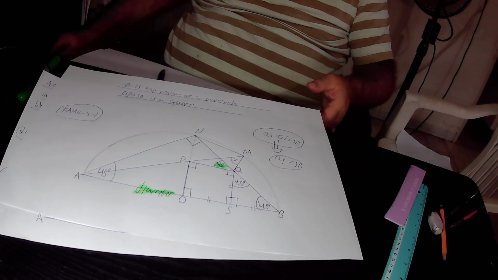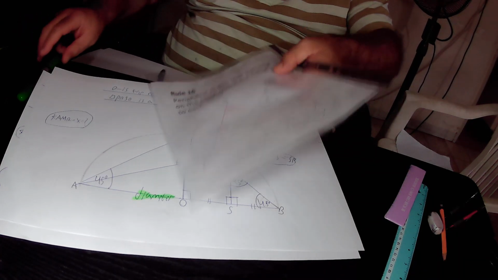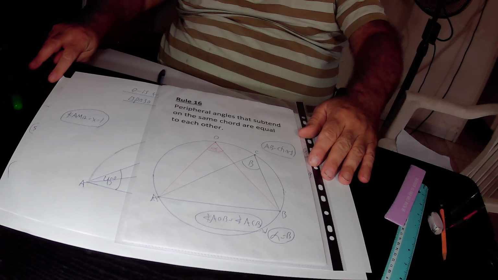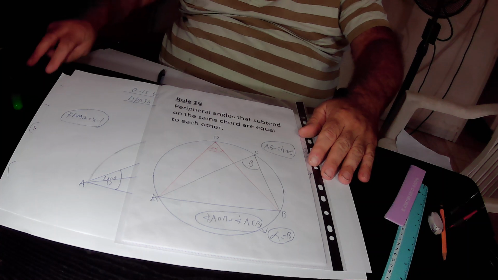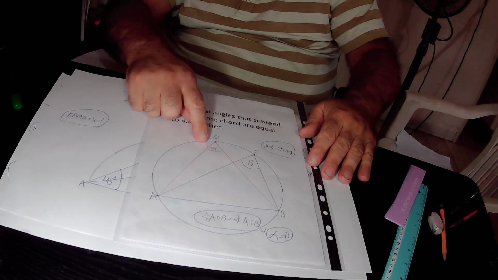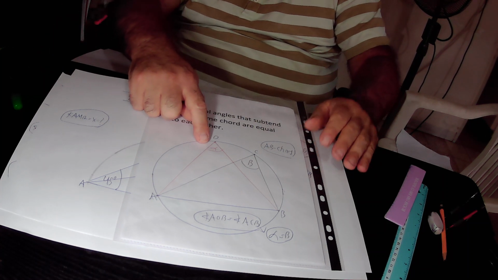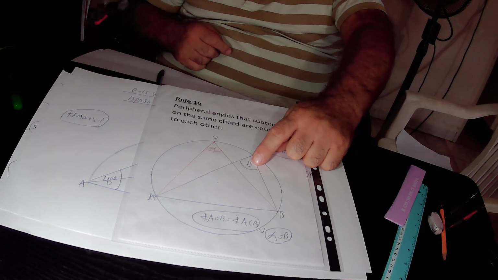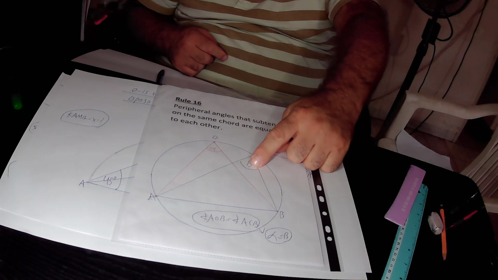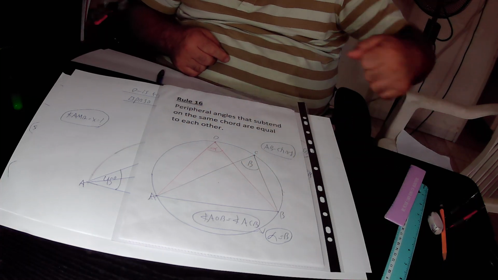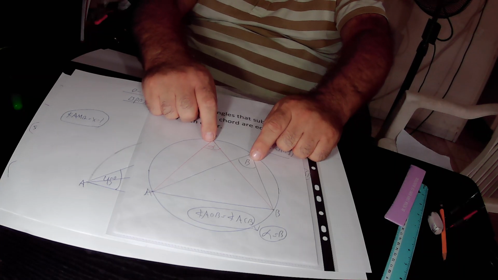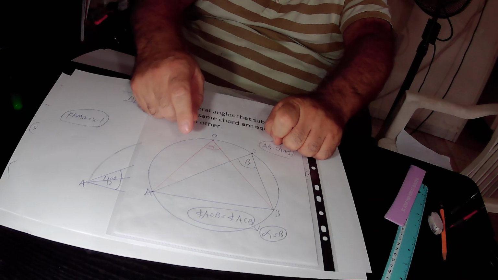So let me repeat rule 16 quickly. According to rule 16, triangles that subtend on the same chord are equal to each other. So in the drawing we have a circle. This is triangle AOB that subtends on chord AB. Likewise, we also have triangle ACB that subtends on the same chord AB. Because those two triangles subtend on the same chord AB, they must be equal to each other in their sizes.